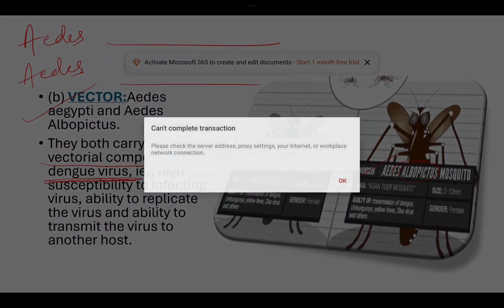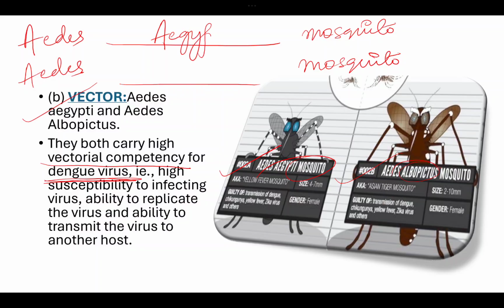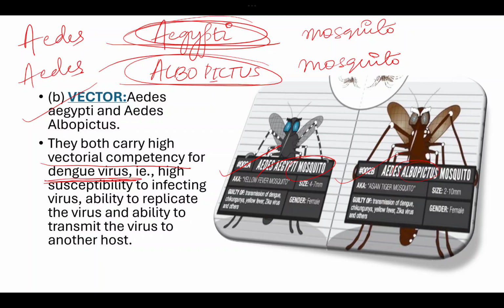And then we know mosquito. What are the two words you have to remember? Aegypti and albopictus. Is it clear? Aedes aegypti and albopictus.